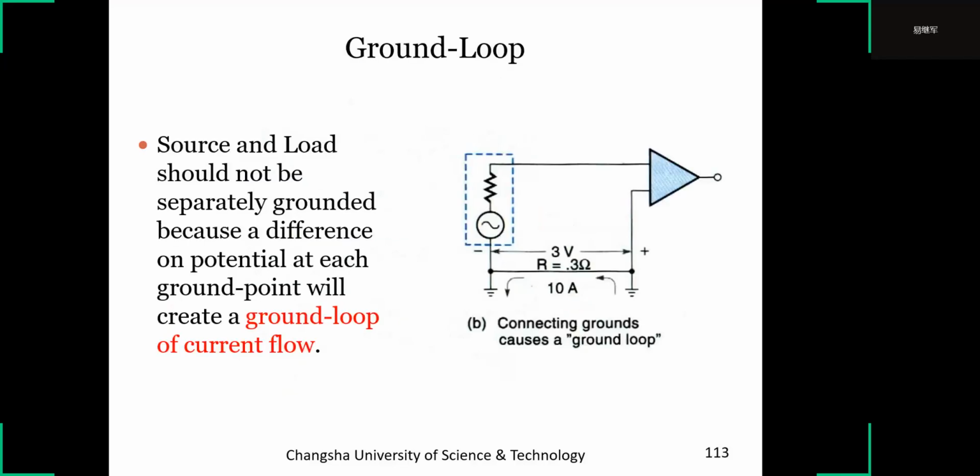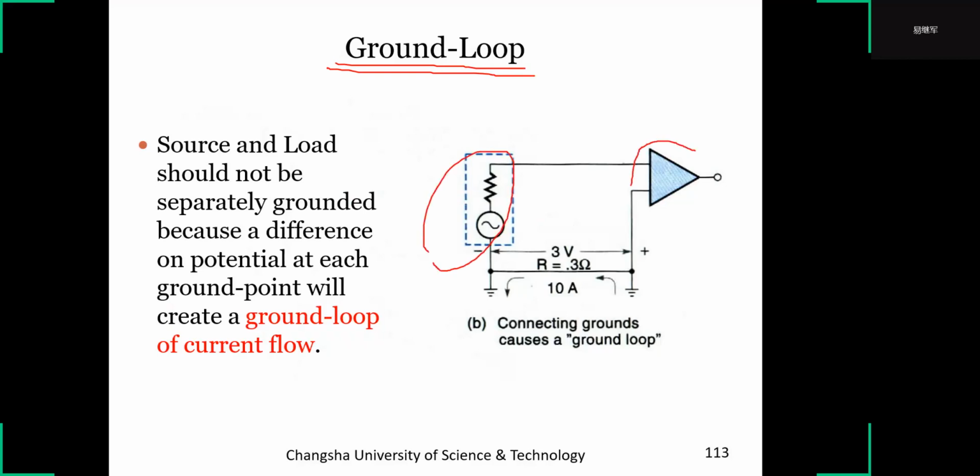Next, I introduce the ground loop. This phenomenon: source and load should not be separately grounded, because a difference in potential at each ground point will create a ground loop current. This is the sensor.